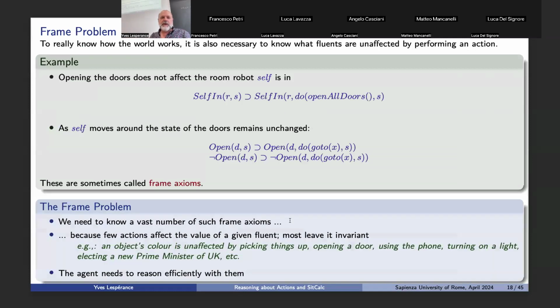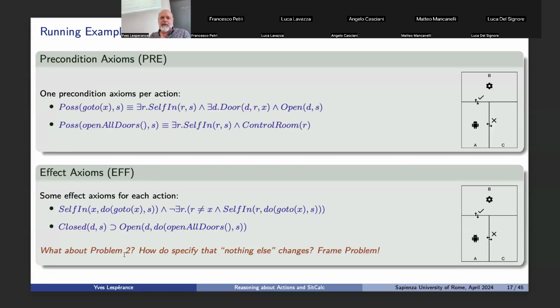Okay, so now the second problem that we mentioned was here they don't say that other things don't change. So for example, open all doors doesn't say that the robot doesn't move when you open all the doors.